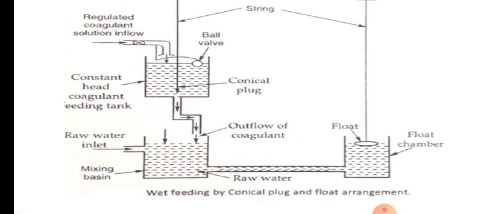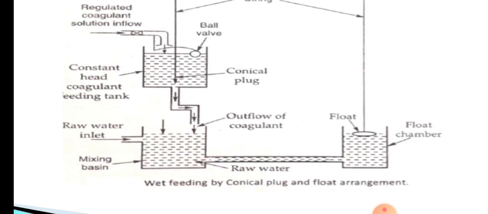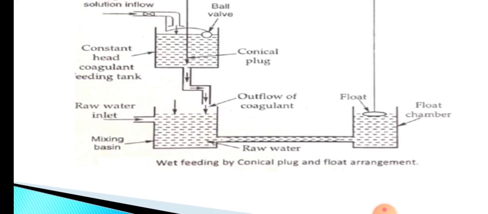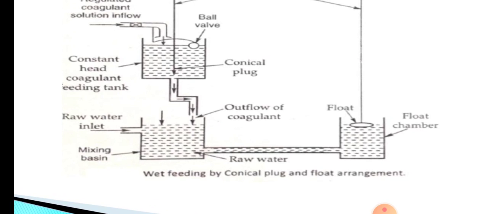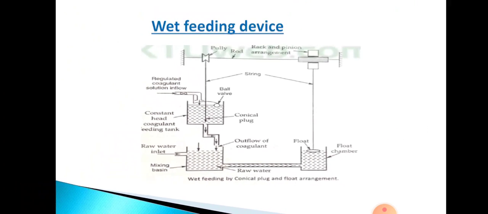That is used to adjust the level of the solution in the tank as well as the rate of flow. And a conical plug arrangement you can see here also helps in adjusting the level of solution in the tank. So this is a typical wet feeding device.